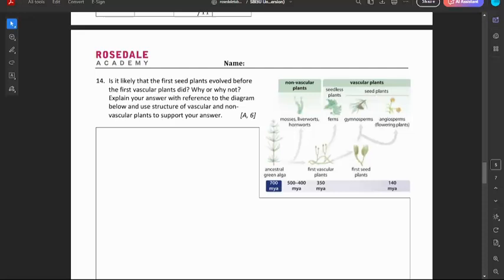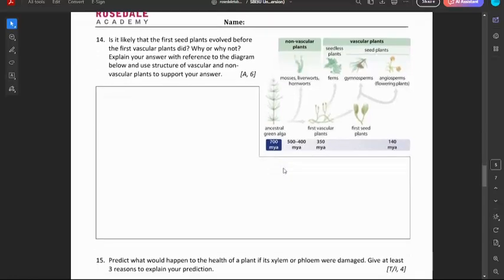They are seedless, so they lack these vascular structures. That's why they reproduce by spores. So therefore, it's very likely that vascular tissue was pretty much a prerequisite for the development of seeds, making it fairly unlikely that seed plants evolved before vascular plants.